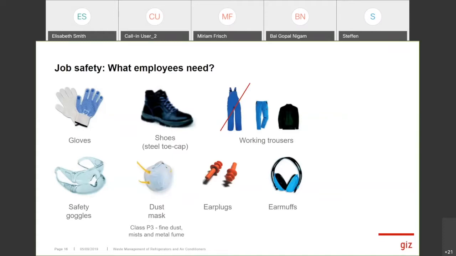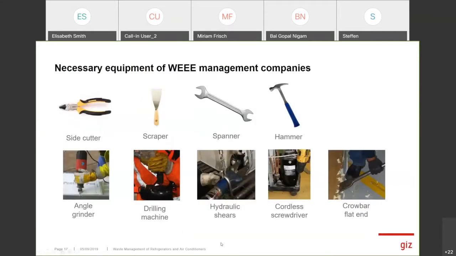I included here the figure of class P3, fine dust, mist, and metal fume protection, which is very important, so just a regular mask will not be helpful. Then we have earplugs and ear muffs for personal protection.